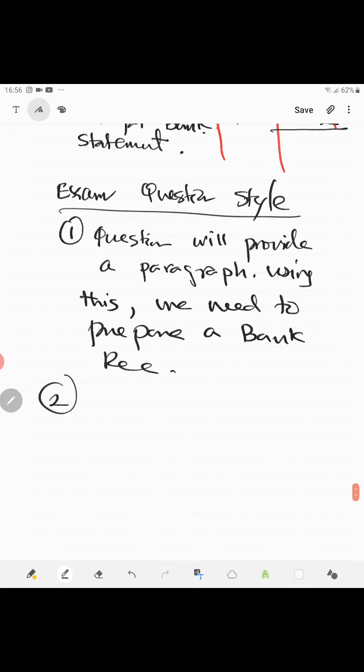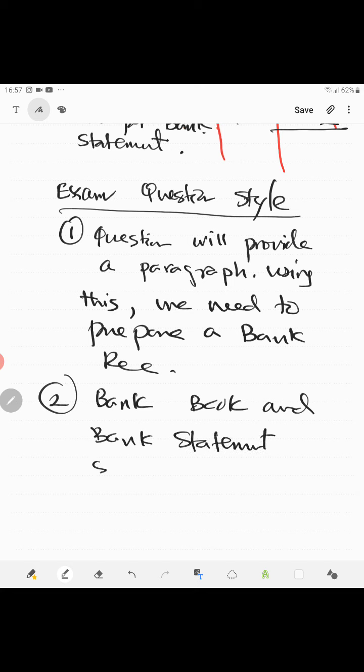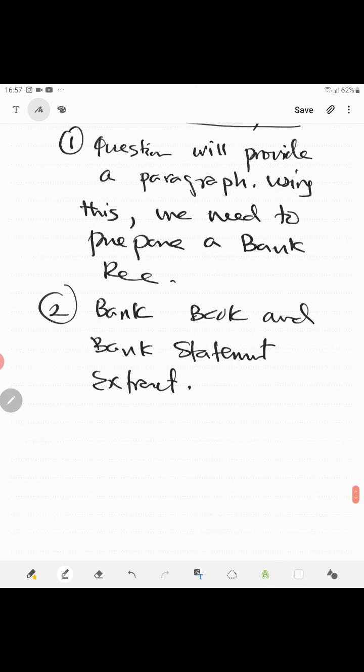Second, the question may also give you bank book and bank statement extract. Bank book and bank statement extract.